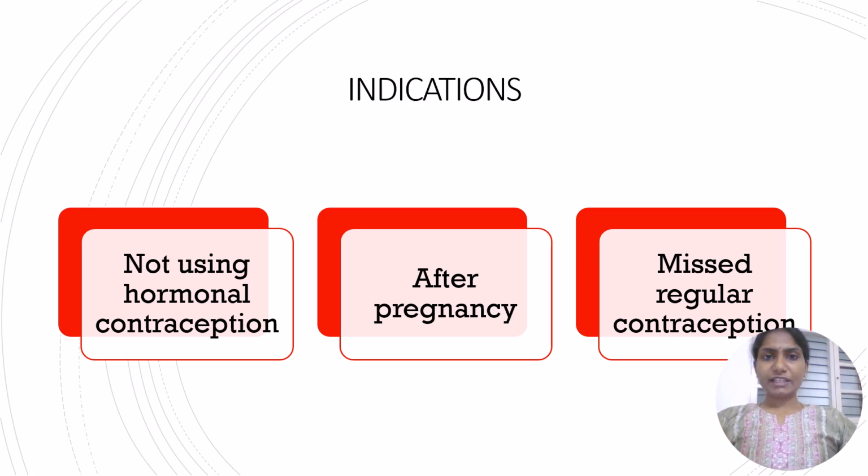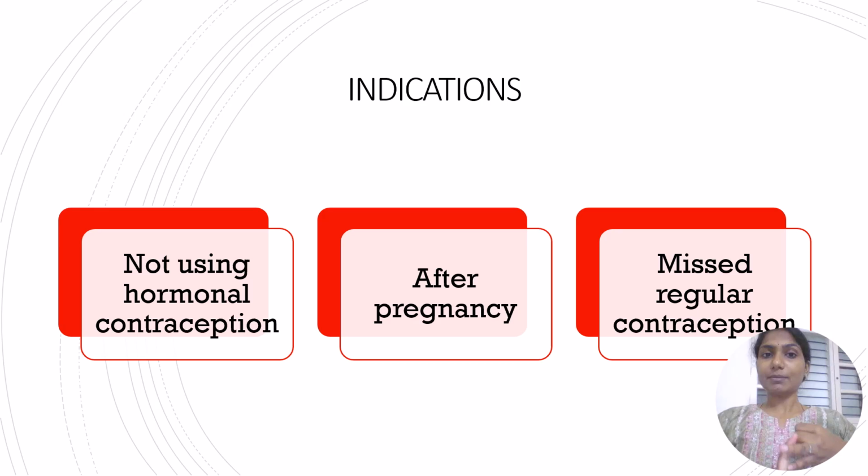But even after 21 days, if the criteria of lactational amenorrhea are met, still emergency contraception is not indicated. So, what are these criteria? One, the mother should be completely breastfeeding the baby, that is exclusive breastfeeding, and the interval of breastfeeds in the day should not exceed 4 hours and in the night should not exceed 6 hours. That is the first criterion of lactational amenorrhea.